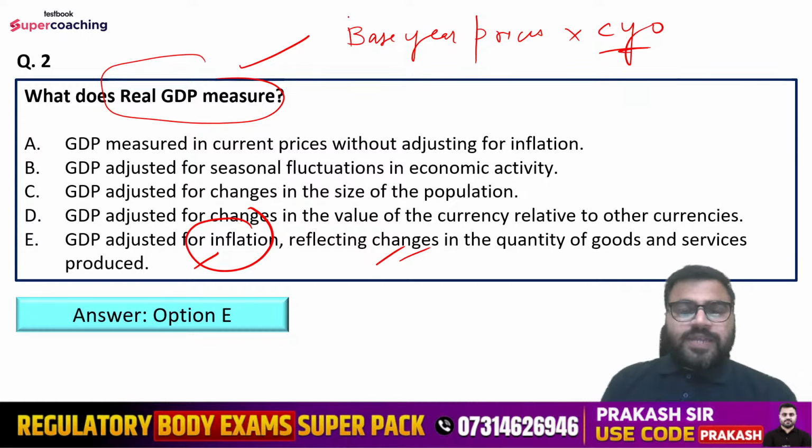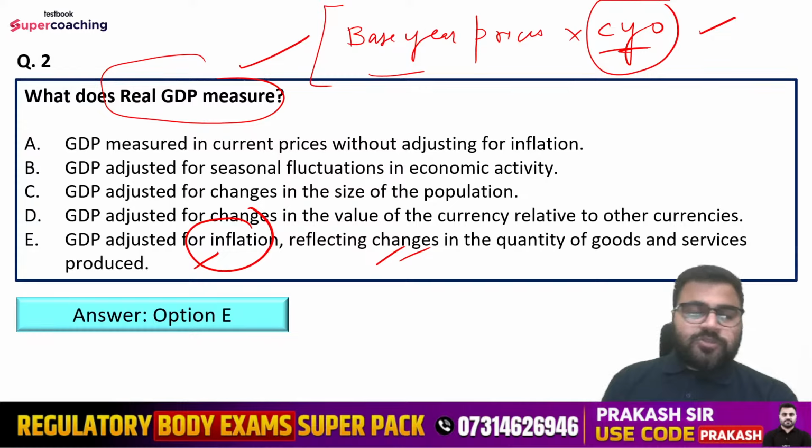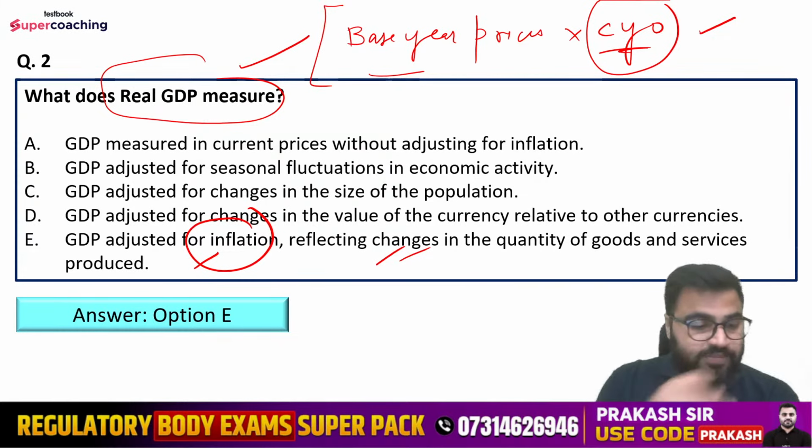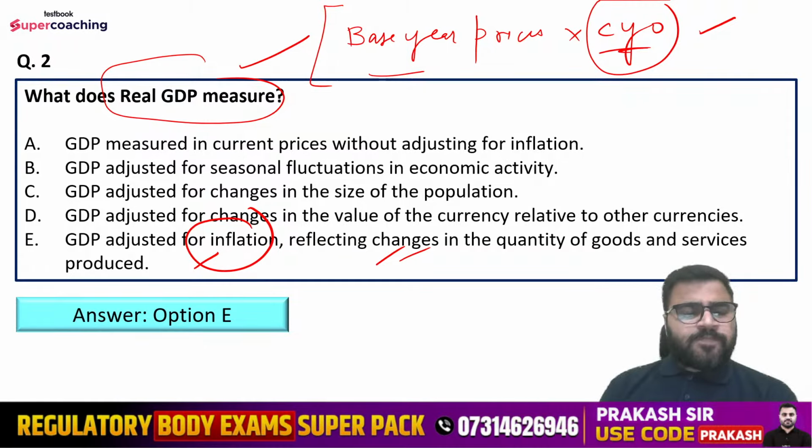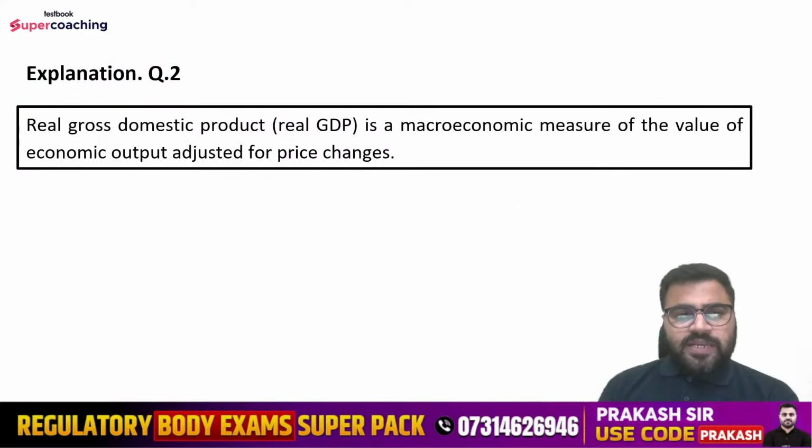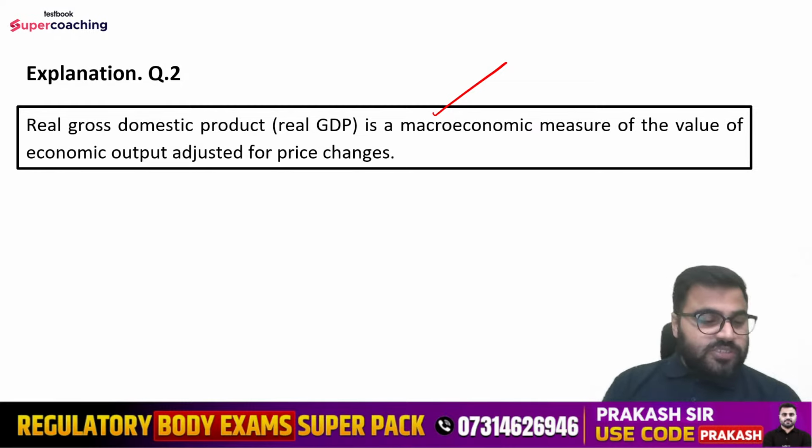So in order to track this, we have to take the base year prices and the current year output as usual, and with the help of this, real GDP is measured here. So real gross domestic product is a macroeconomic measure of the value of economic output adjusted for price changes.